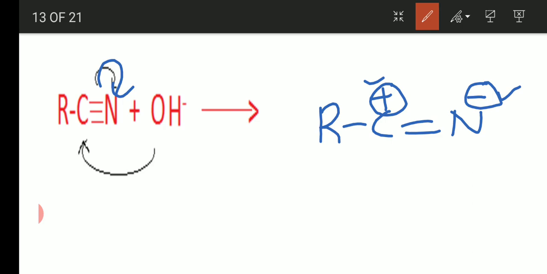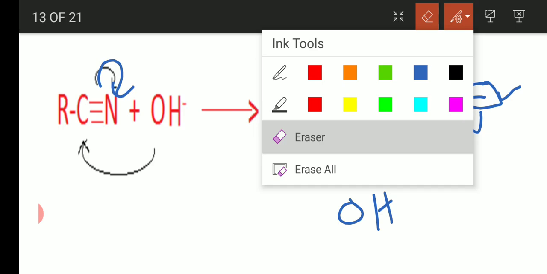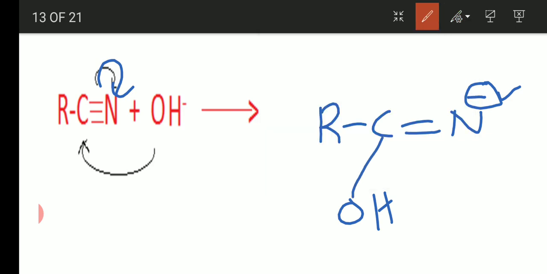Now as there is a positive charge on carbon, this OH minus is attacking carbon. That is, OH minus is coming and forming a bond with carbon, from H2O or from base. Plus and minus neutralization, and in between these two a bond will be formed, carbon and oxygen, and the double bond N will get minus charge as it is.